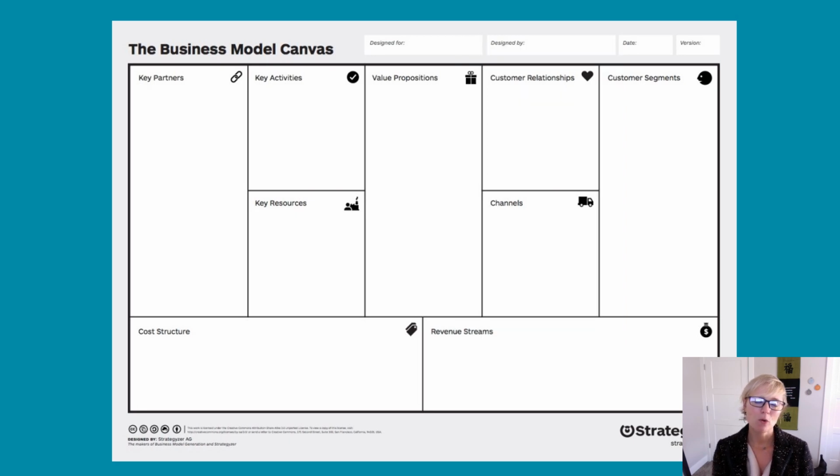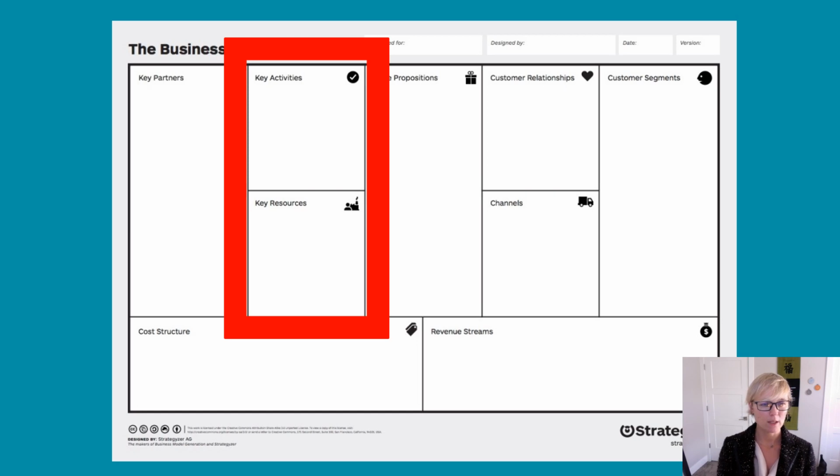And next, we're going to move over to the other side of the canvas. What we looked at so far is really the outside looking portion of the business, right? How you're interacting with customers. Over here on the other side, we're looking at how we're building that value. We're going to start by looking at our key activities and key resources.